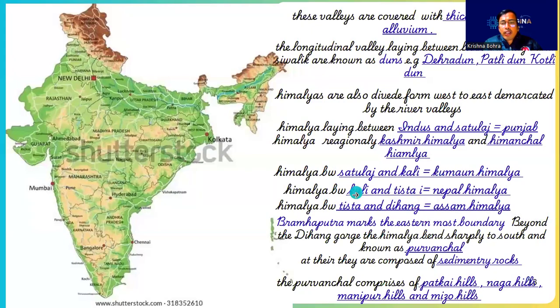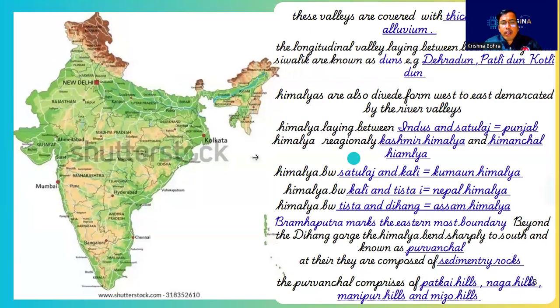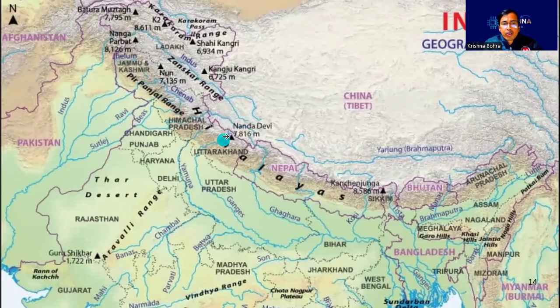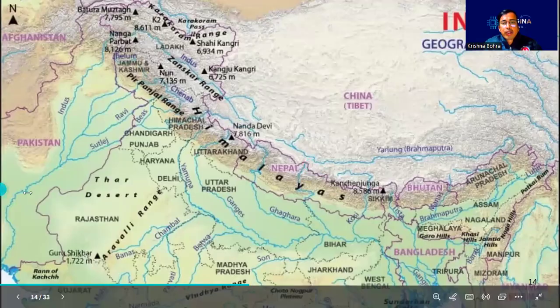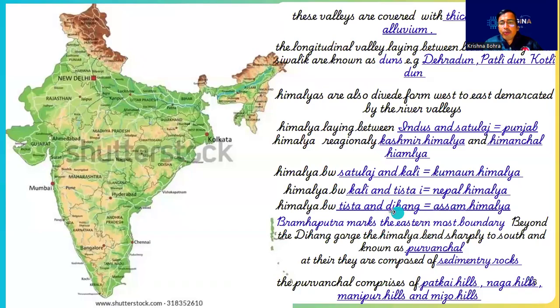And the next Himalaya after Kali and Tista is called Nepal Himalaya. If you locate, Kali is around somewhere here, and you can locate Tista, this particular river here. So this is called Nepal Himalaya, and you can also locate Nepal over here. From Tista to Dihang, this is called Assam Himalaya.